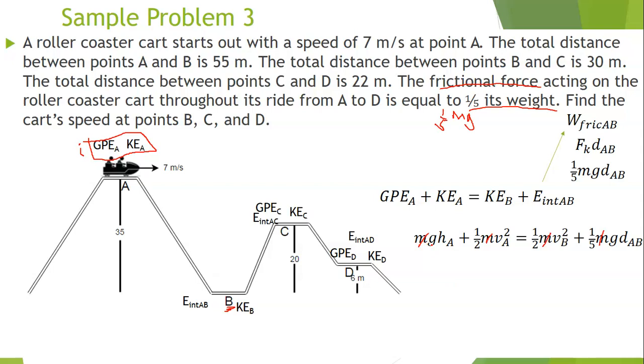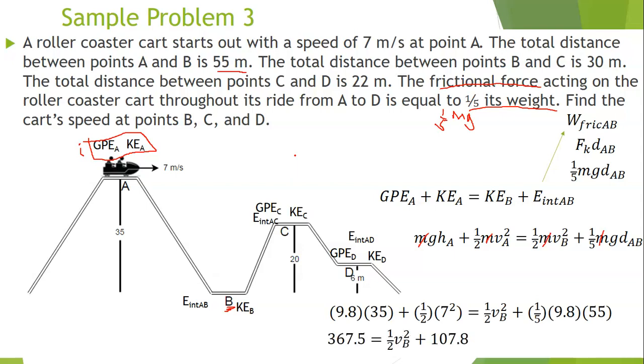So G is 9.8, HA is 35, VA is 7, VB is what we're looking for, G is 9.8, and then the distance from A to B is 55. So I gave that to you in the description of the problem as well. So you can go ahead and keep solving that.